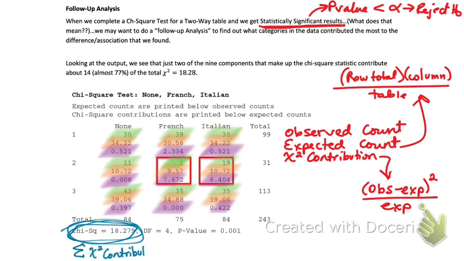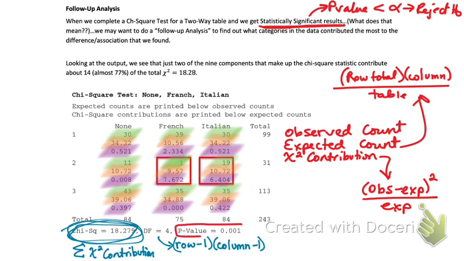Very good. Awesome, awesome. You guys are doing great. DF equals 4. What does DF stand for? Degrees of freedom. How do I get degrees of freedom for a two-way table? Row minus 1 times column minus 1. Very good. And then there's something here that says p-value.